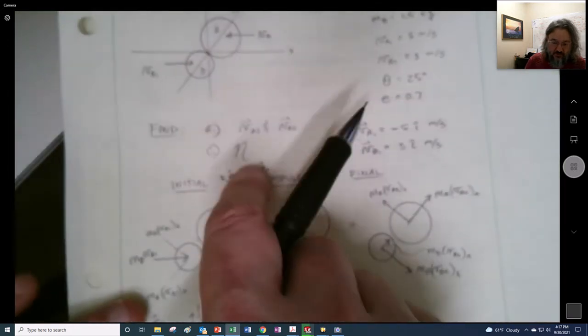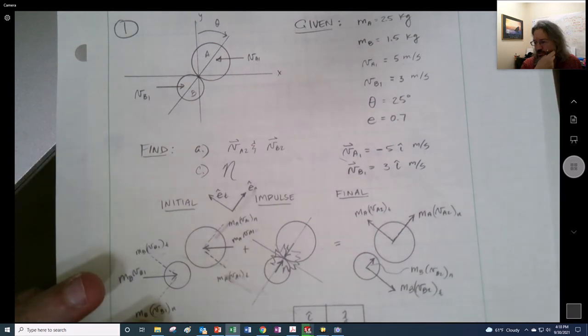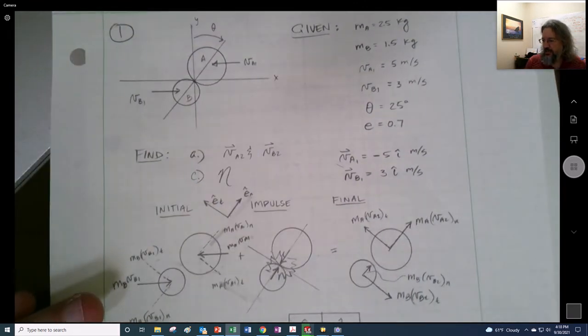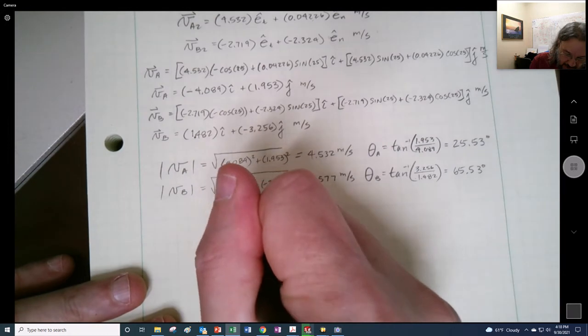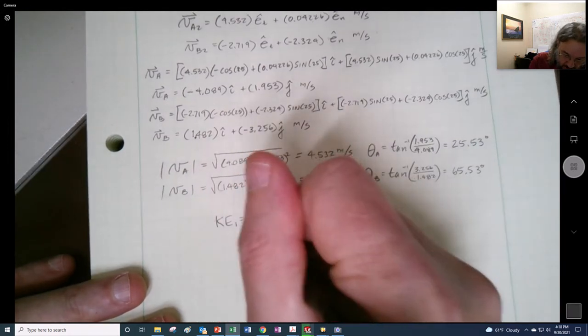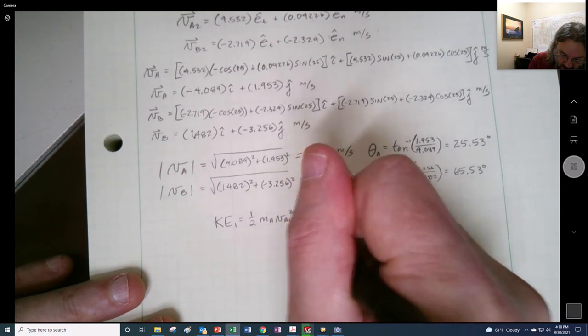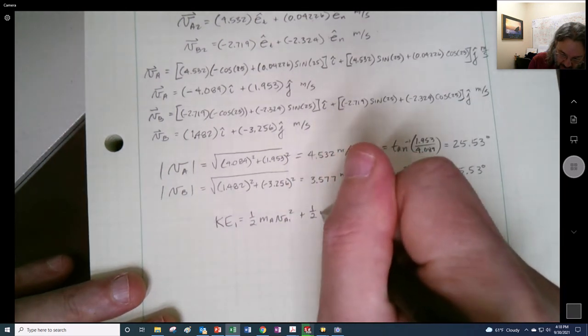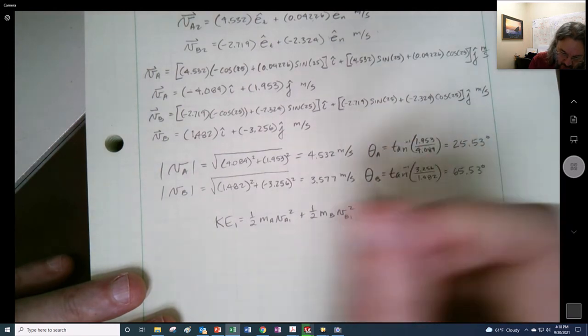But we also wanted to figure out what the efficiency is. What we need to do here is find out what the total kinetic energy is before, and then the total kinetic energy afterwards, right? So let's go. KE1 is going to be 1/2 MA VA1 squared plus 1/2 MB VB1 squared.